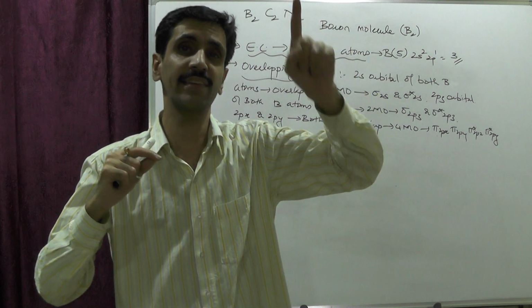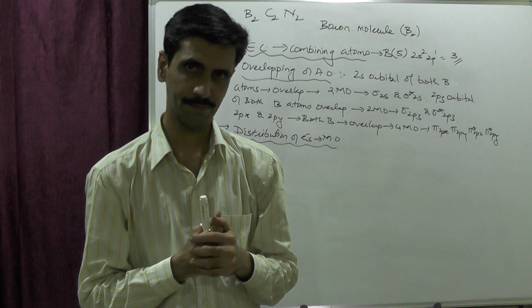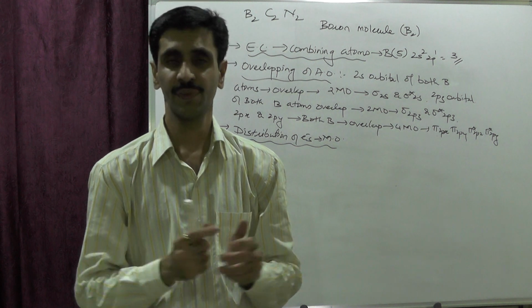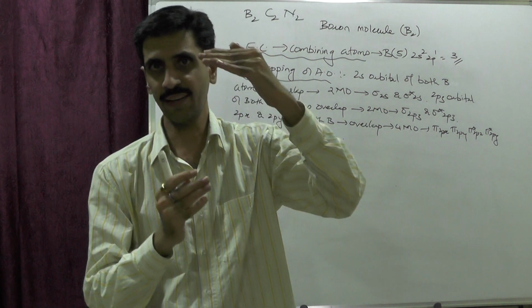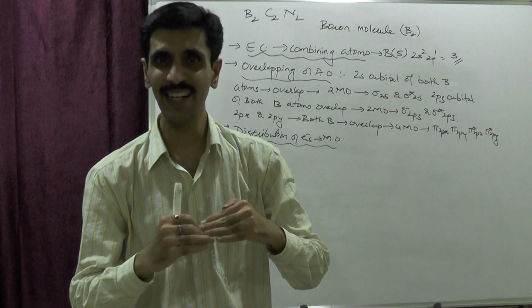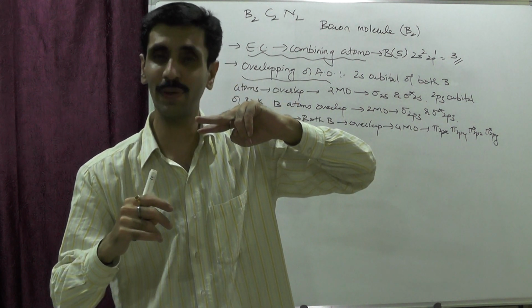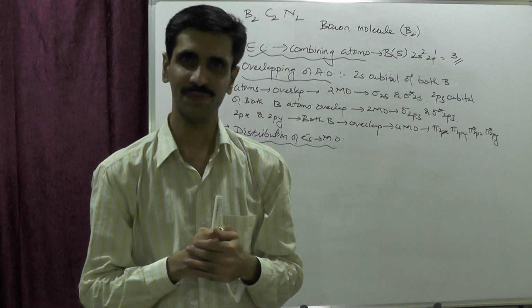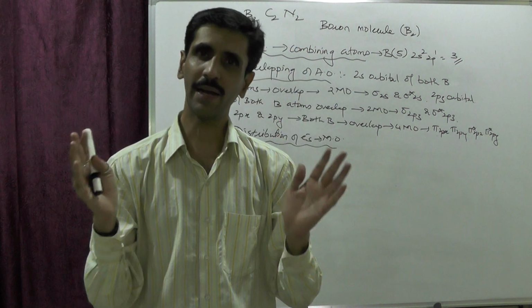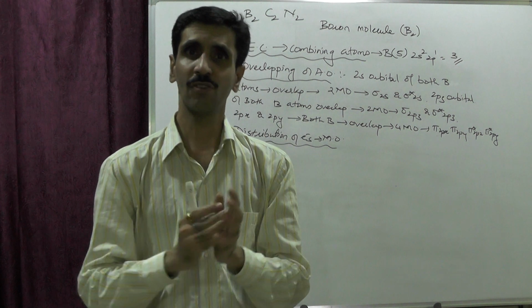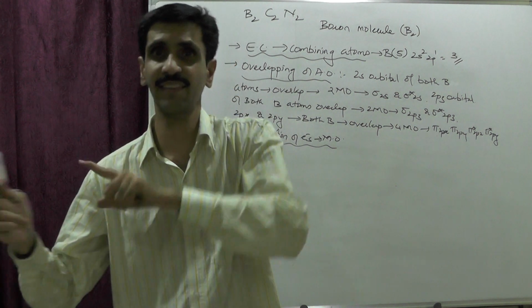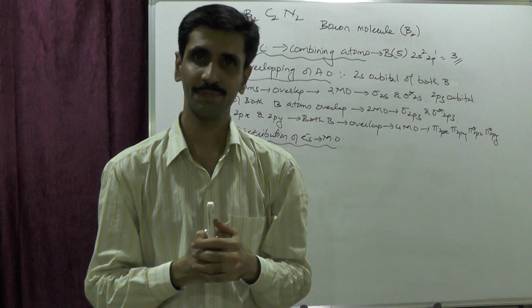Which were those molecules? Oxygen, fluorine and neon. Alright? So, what happens is, the sigma 2s energy level is lowered and the sigma 2pz energy level is raised. Because we talk about hybridization, we talk about stability. So, stability is related to strength and strength is related to sigma bonding.